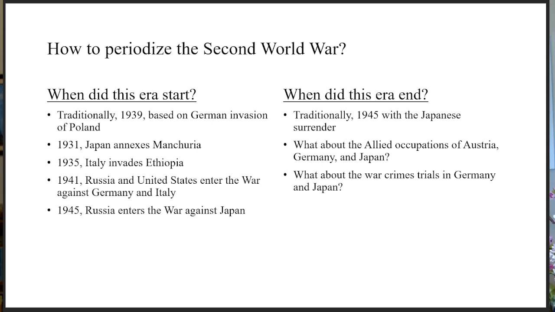Between 1945 and 1955, Austria, Germany, and Japan were under Allied occupation as those countries were being reconstructed. Furthermore, there were the war trials in Nuremberg for the European War and Tokyo for the Pacific War that took place in 1946 and 1947 that should be studied.